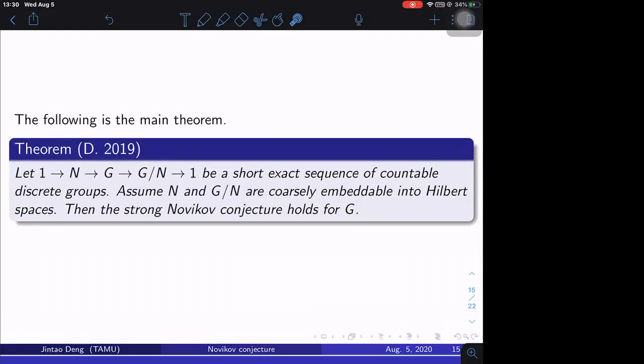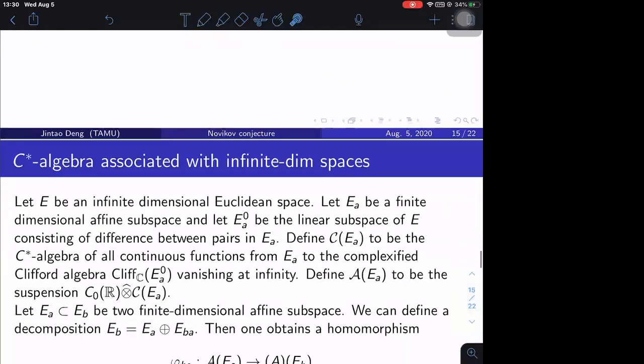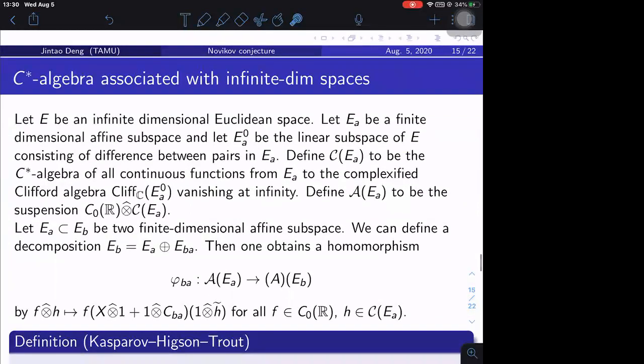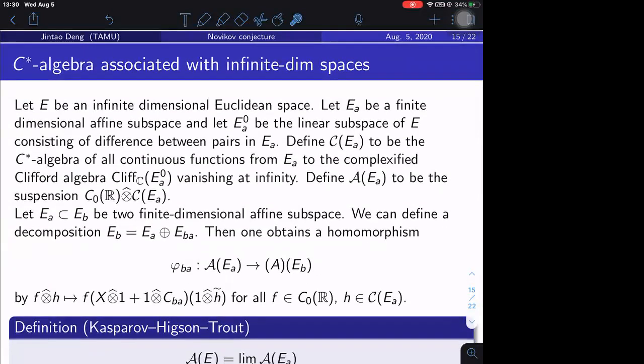Okay, so in order to consider the geometry of the normal subgroup and quotient group, we will define the algebra associated with infinite dimensional Euclidean spaces. If you have an infinite dimensional Euclidean space E, we consider all the finite dimensional affine subspaces E_alpha, and take E_alpha^0 to be the linear subspace of E consisting of differences between pairs in E_alpha.